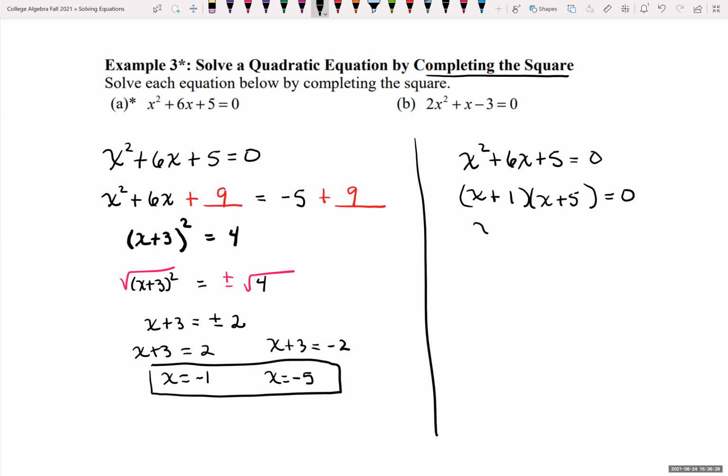And then when we set each factor equal to 0 and solve for x, that's where I get the opposite sign of the factors. So this would give me x equals negative 1 and x equals negative 5, which is the exact thing I got using the square root method.